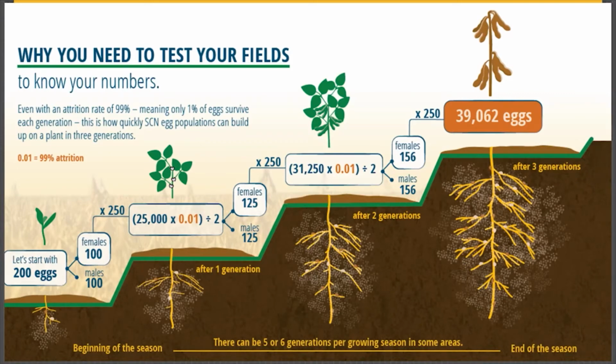In a single season, if you start off with just 200 eggs and 100 of those are female, and only 3 generations of soybean cyst nematode happen in one season, by the end of the season, assuming that 99% of the females will die, you are still left with 39,000 eggs at the end of the season. There's an exponential rate of increase that soybean cyst nematode can have in a single season in a single field.